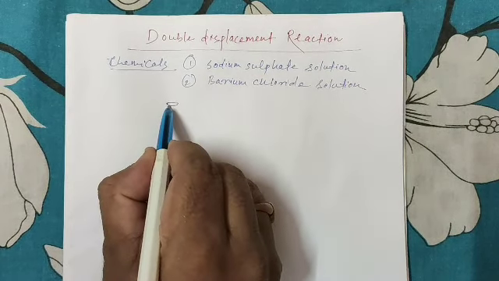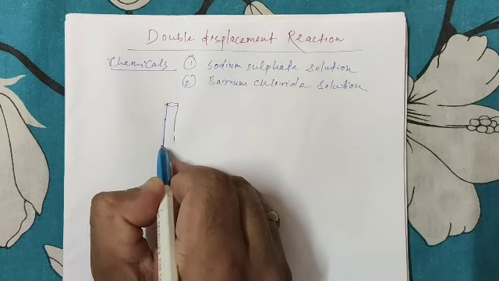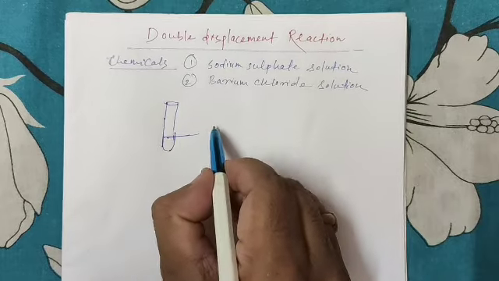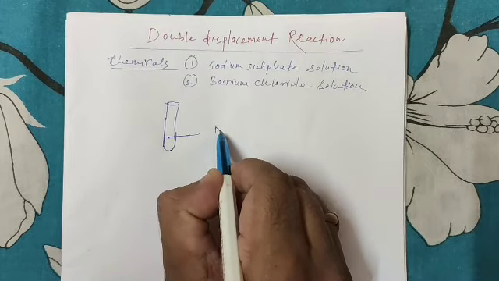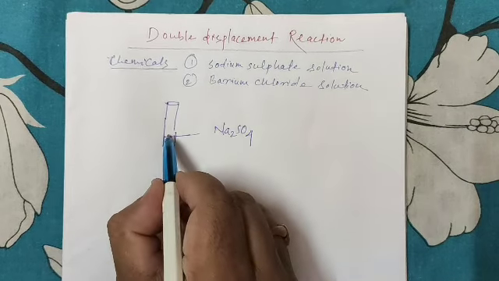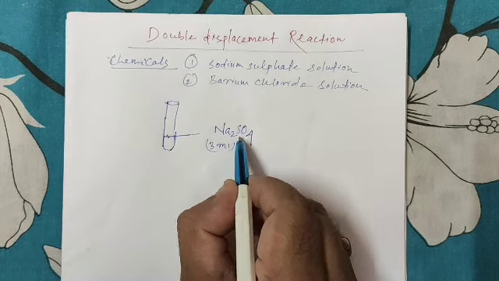In a test tube, first you will take one solution. Say this is your sodium sulfate solution, Na2SO4 solution. Here I am taking 3 ml of sodium sulfate solution.